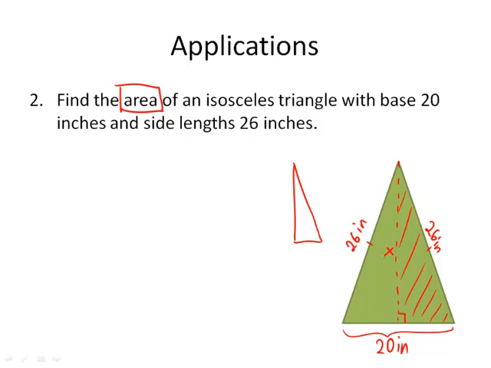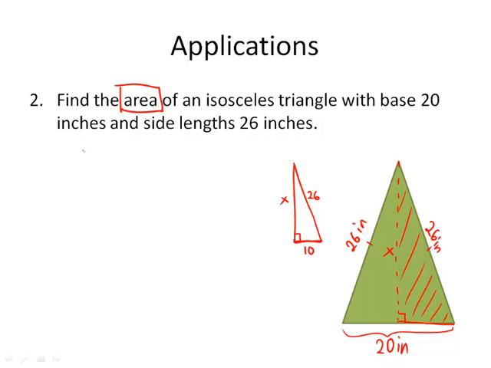Now we need the height, so let's call that x. We have the side length of 26 for the hypotenuse. Now what is the base here? Well, since it's an isosceles triangle that has been sliced in half to create a right-angled triangle, 20 has also been sliced in half at the bottom to make 10.